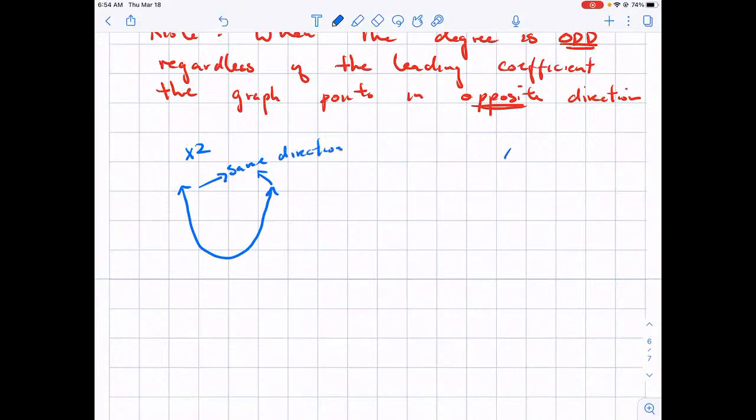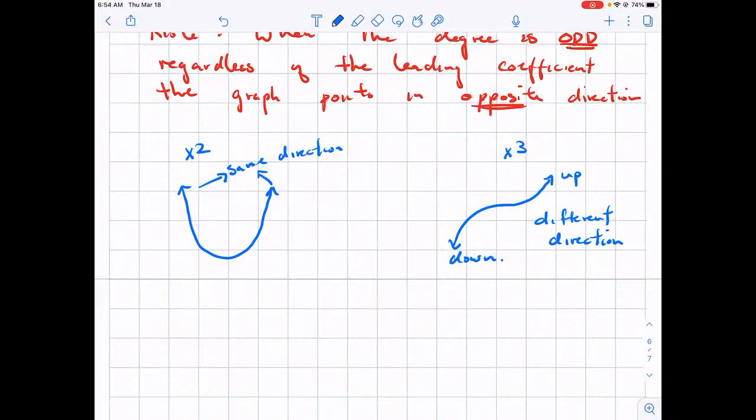If we have x cubed, one end is pointing up, here goes up, here goes down. Different direction. This will always be the case. Anytime you see an odd degree or an even degree, you already know what's happening with the endpoint behavior.